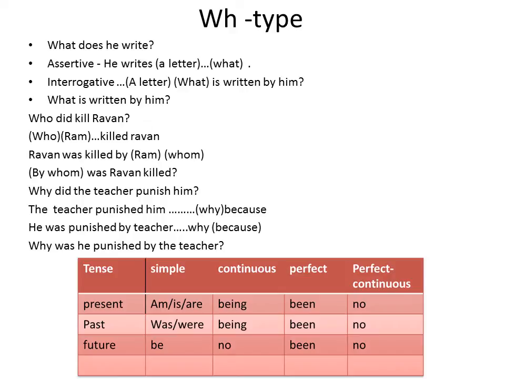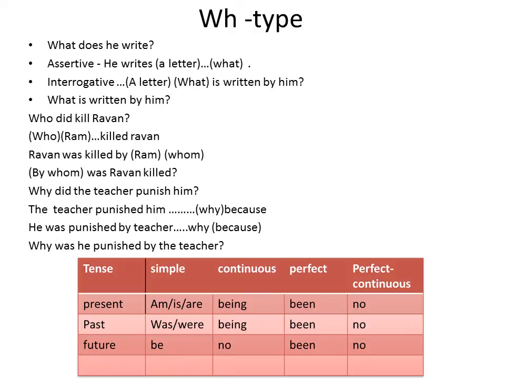Now let's see WH type questions, or how to convert active voice into passive voice. Let's see the first sentence: What does he write? We have seen the sentence, he writes a letter, but here we don't know that.